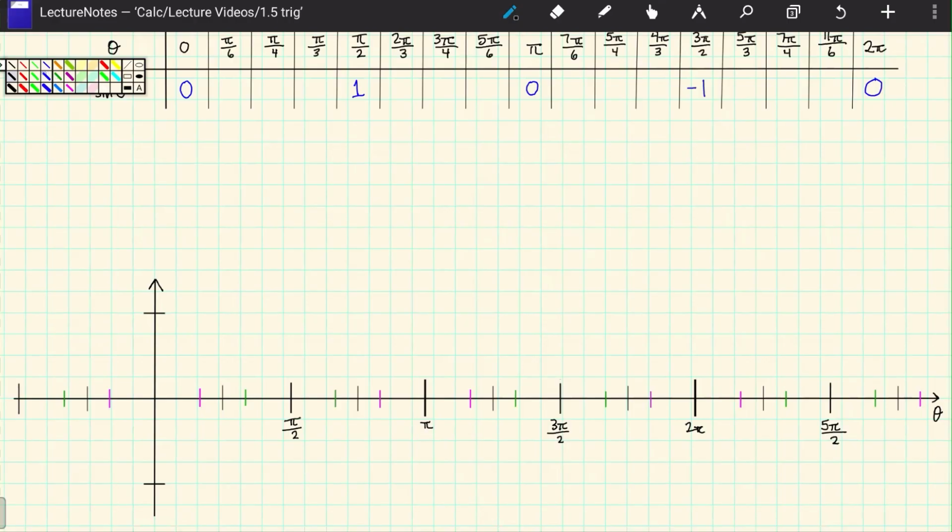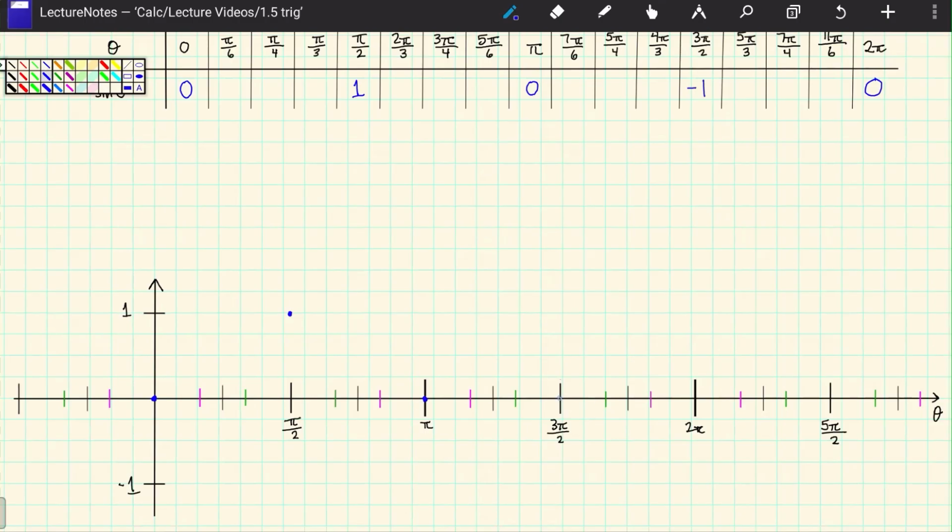And I'm going to go ahead and put those points. When your angle is 0, the y-coordinate is 0. When the angle is pi over 2, the y-coordinate is 1. When the angle is pi, the y-coordinate is 0.